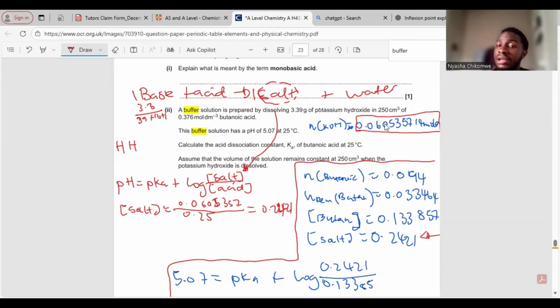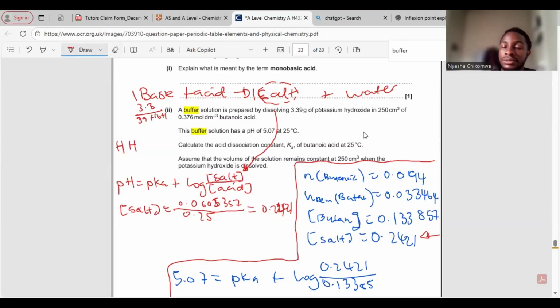Okay, so we said we had this number of moles of potassium hydroxide. And in the beginning, the number of moles of the acid is straightforward. Number of moles of acid is concentration times volume.